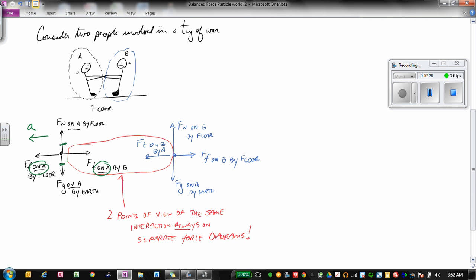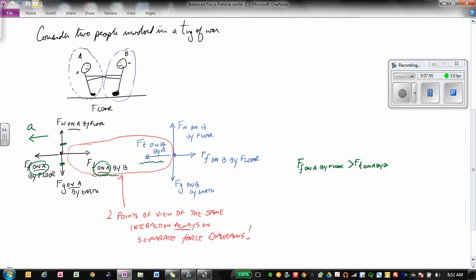So the way A wins this tug of war is if the force of friction on A by the floor is greater than the force of tension on A by B. It doesn't matter one bit that the force of tension on A by B is equal and opposite to the force of tension on B by A. That will always be true regardless of who wins this tug of war.